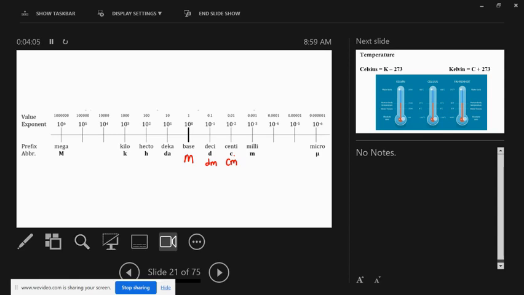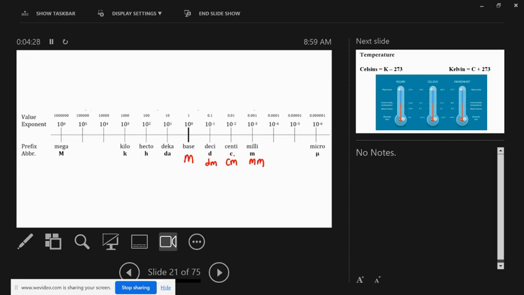Milli then is M. I don't know, there's probably terms for these. I just don't know what they are. We have two more placeholders here, and then we get down to micro. And then you can have two more placeholders, and that gets you down to, I believe, nano.